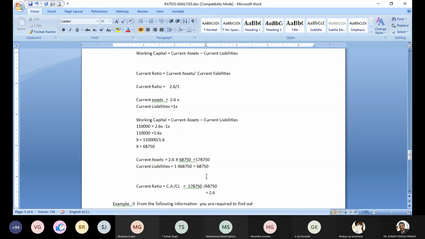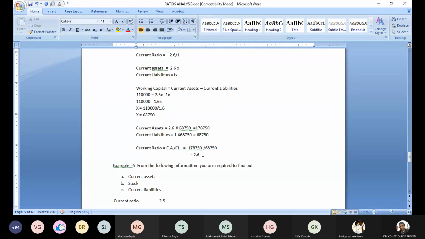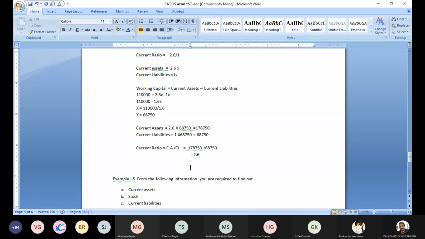Correct, sir. You check it. If you want, you can calculate like this, sir. 2.6x is your current ratio. So current ratio, you know, is current assets divided by current liabilities. This is the one. What is the second information?